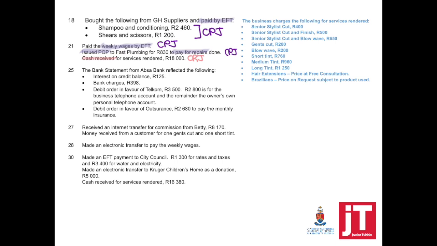Day 25, the bank statement from ABSA reflected the following. Remember that your bank statement will reflect money coming in and money going out. Interest on credit balance, 125. So this is what makes it now challenging. If you do not understand how a bank statement works, remember in the previous chapter there was an activity specifically on that.